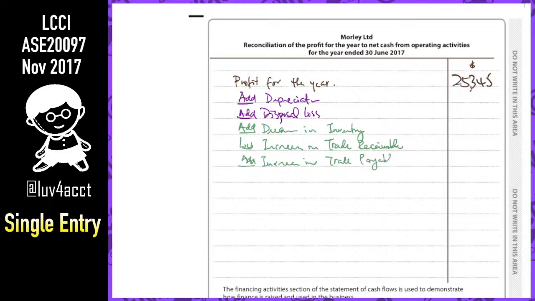I think it would be a net cash inflow. Let us see if I'm correct. Operating activities.